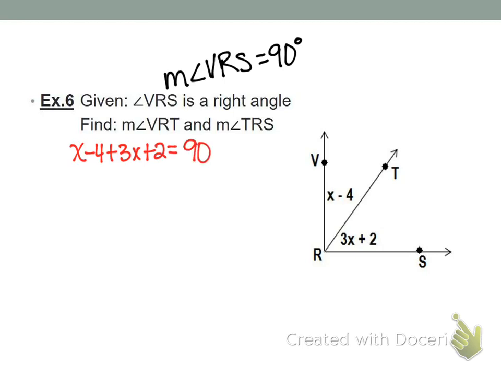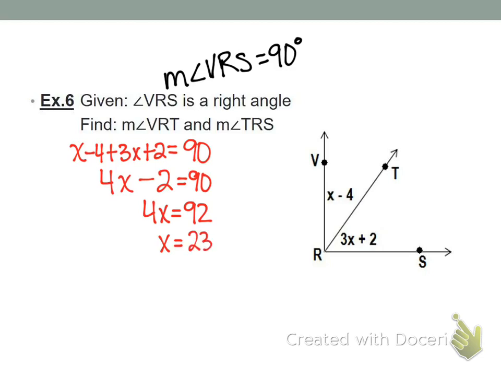We add the two small angles together, set it equal to the big angle. Combine like terms. 4x minus 2 equals 90. Add the 2. Divide by 4.